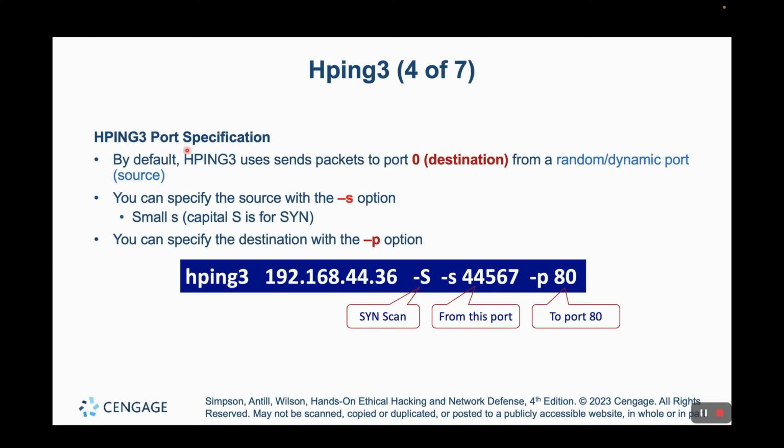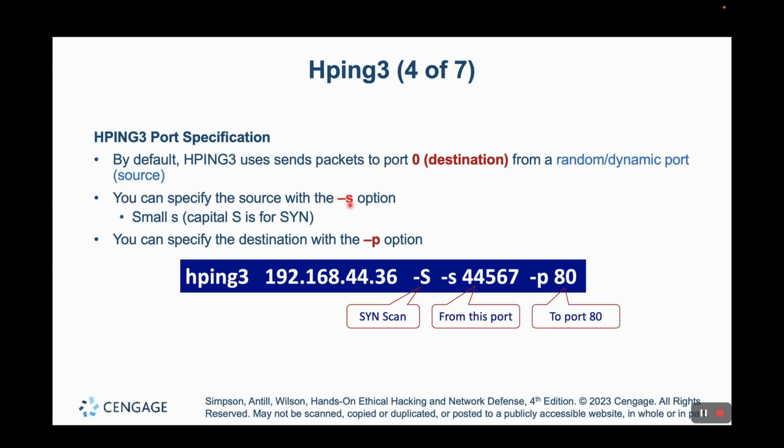Now, let's look at hping port specification. By default, hping3 sends packets to destination port 0, from a randomly chosen dynamic source port. However, you have an option to specify the source port by typing the -s option right here.